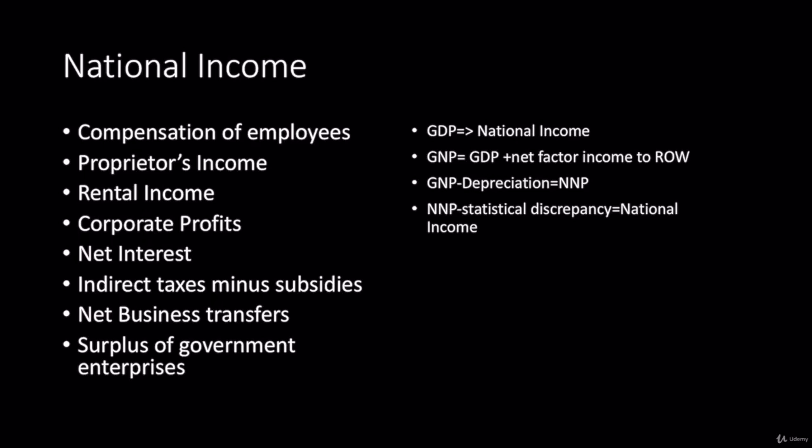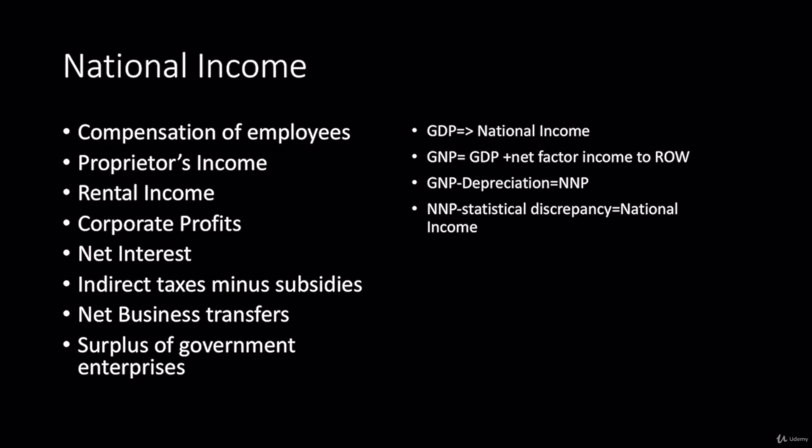If there's a foreign company working within the States, well, that company needs to repatriate its income to the other country. So just think about that's the factor income, because the factors of production belong to another country, belong to another economy. And then finally, GNP minus depreciation is net national product, so net of depreciation. We have factors of production that do depreciate, and therefore we need to account for those.